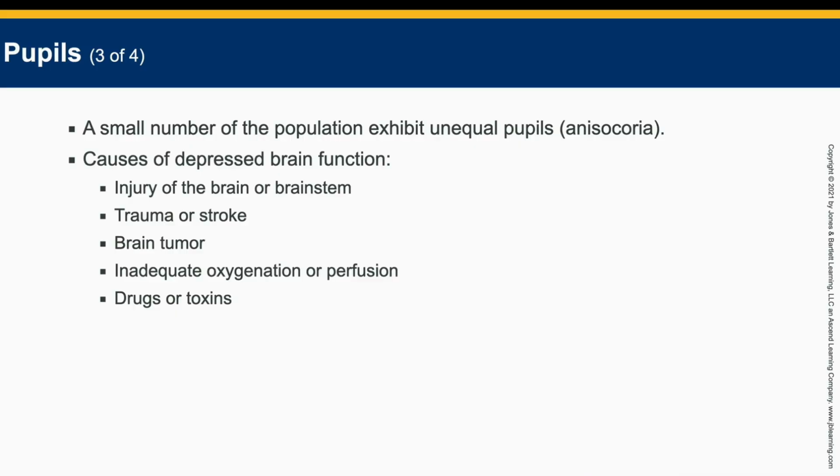Some possible causes might be an injury to the brain or brainstem, trauma or stroke, or even a brain tumor. Pupillary changes can occur when the brain is not receiving enough oxygen or blood flow, which we refer to as inadequate oxygenation or perfusion. And finally, certain drugs or toxins can affect the pupils and how they react to light.